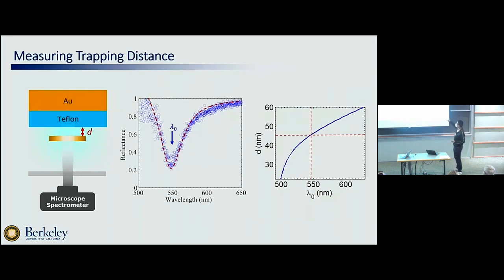The resonance dip here, you can calculate with different separations. For example, here we measured the resonance dip at around 545, and that agrees with a trapping distance of about 45 nanometers.